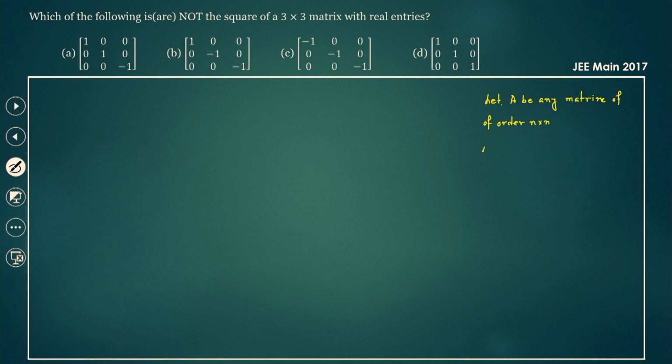Therefore A square is equal to A into A, so the determinant of A square is equal to determinant of A whole square. That implies that the determinant of A square must be greater than or equal to 0. That's the condition.